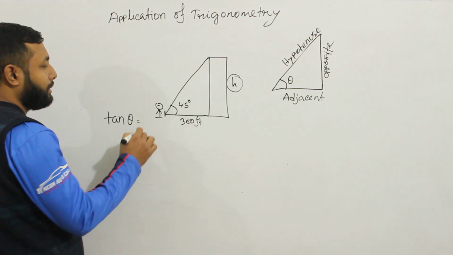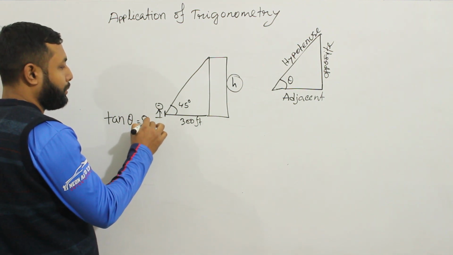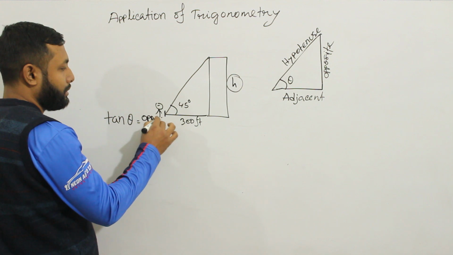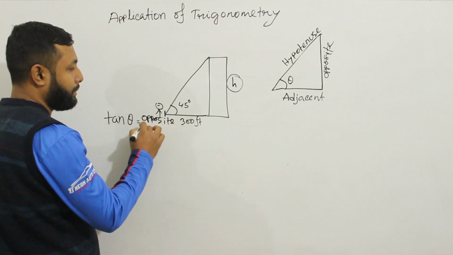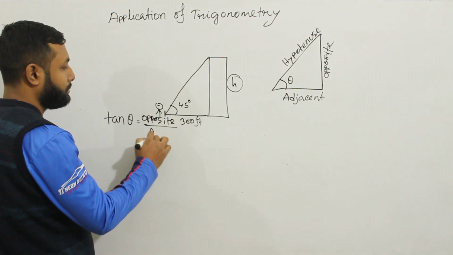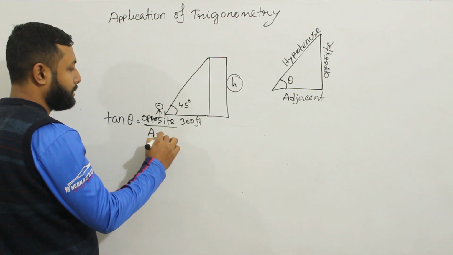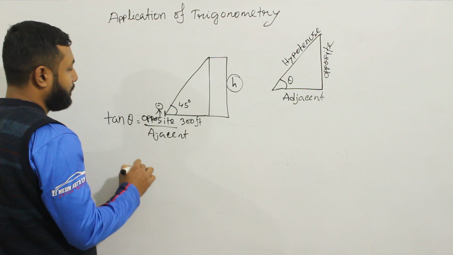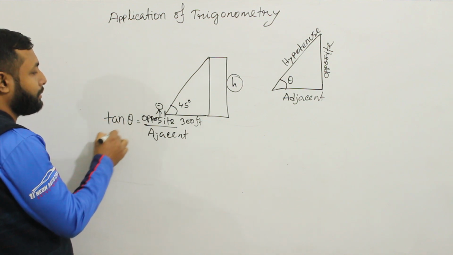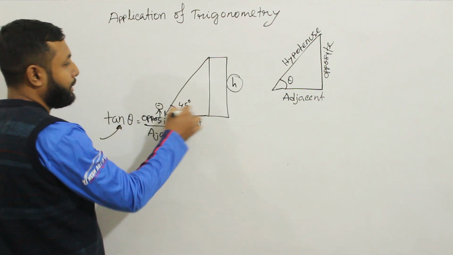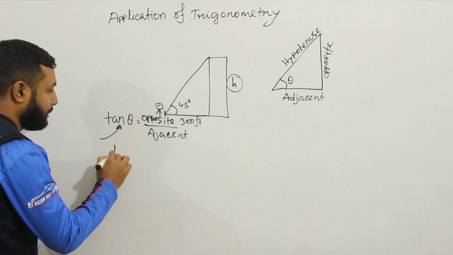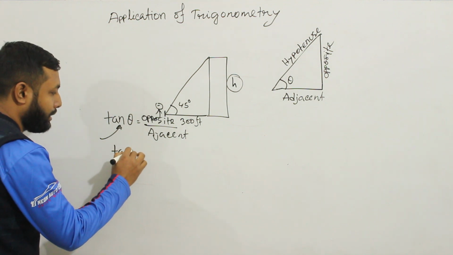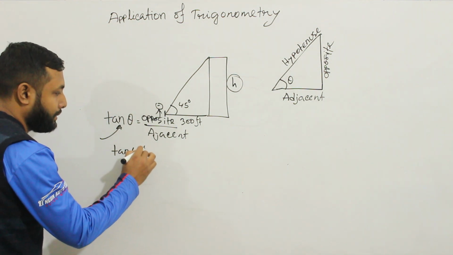The tan theta is equal to the opposite arm by the adjacent arm.